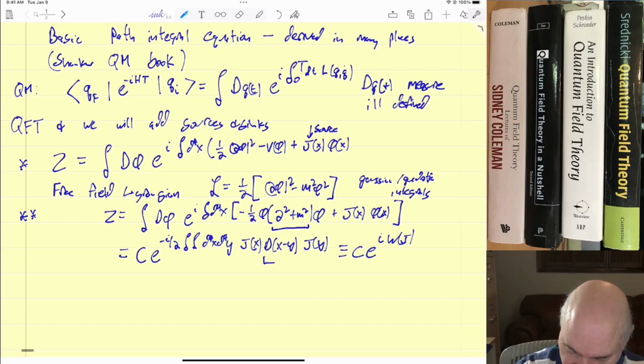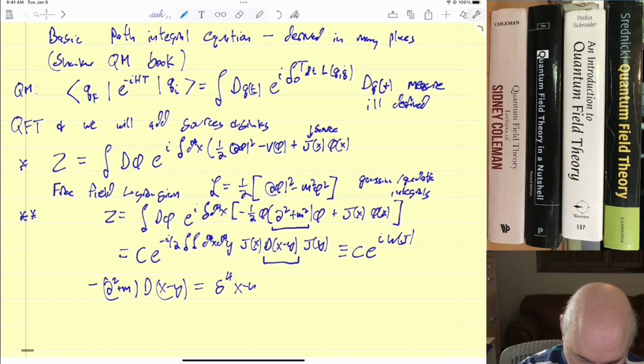And this object is, of course, our propagator, and it satisfies minus the partial squared plus m squared. It's essentially the inverse of this operator. D(x minus y) equals delta 4 (x minus y).